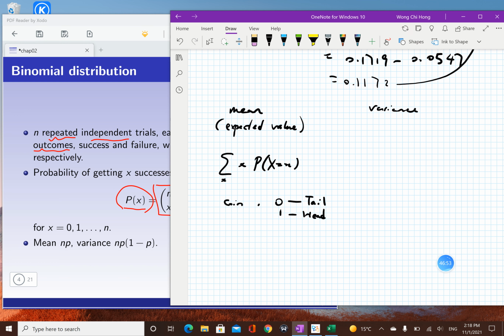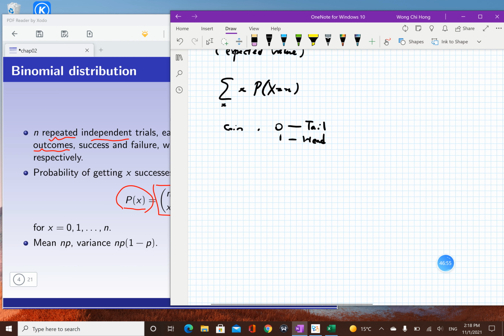Then what you do here is you get 0 times a half plus 1 times a half, so the expected value of X equals 0.5. Okay, this is what we call expected value.